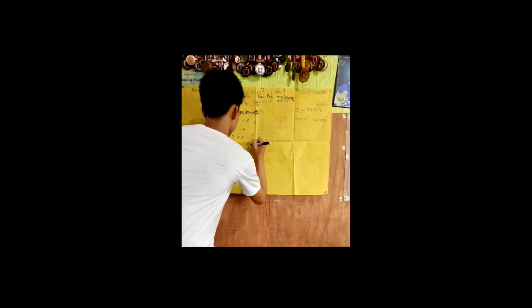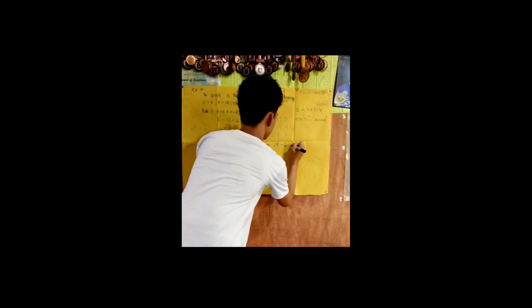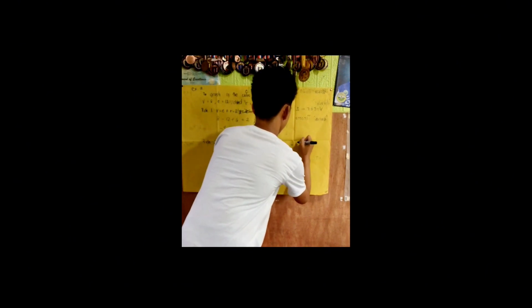So 3 multiplied by 8 minus 6 is equal to 24 minus 6, which is 18, greater than or equal to 12, which equals E. Now let's move to rule number 3.